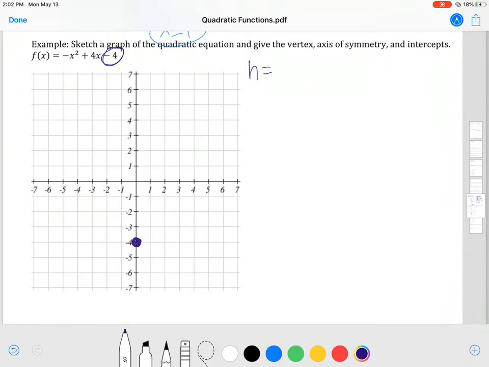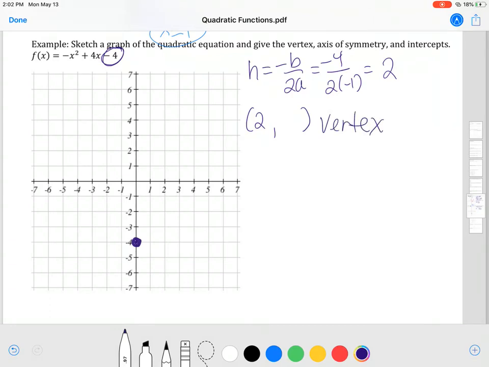Now let's find my vertex. In this case, my b is 4, so I have minus 4 over, and my a is negative 1, so I have 2 times negative 1. So I have negative 4 over negative 2, which gives me a positive 2. So I know the x-coordinate of my vertex should be 2.